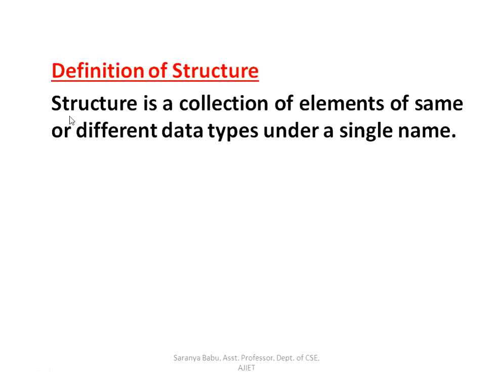Even we had learned about arrays. Arrays are also a collection of elements, but there is a condition for an array: it is a collection of elements of the same data type. Understood? Suppose I declare an integer array, then that array can hold only integer elements.